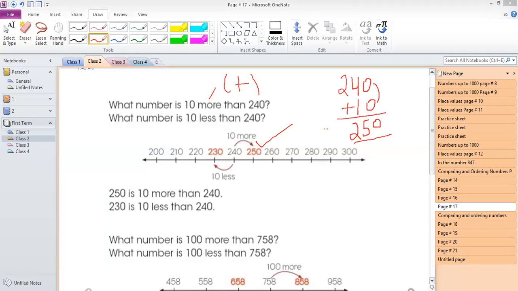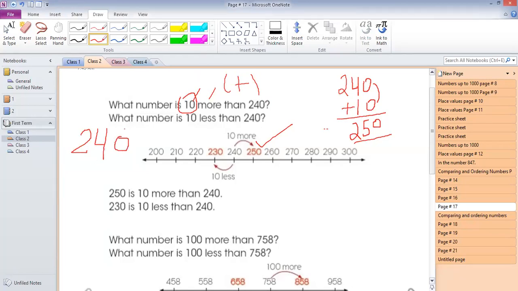Guys, I tell you one more method to do the addition. What you are actually adding is 10. So the ones are 0. That means you don't need to add ones. So check out the tens place in 240. Look, this is 240, and this is 10.